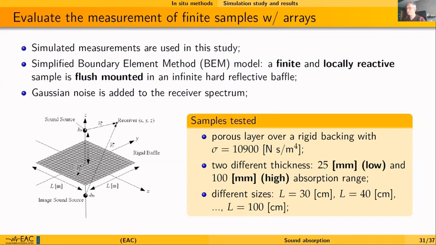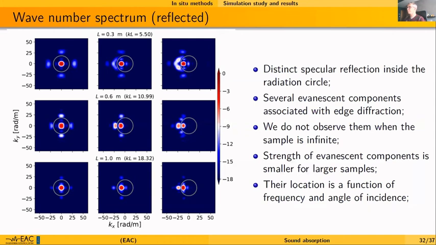What we see from the wave number spectrum is interesting, because when we compute it for finite absorbers, we observe these features in the evanescent spectrum, which we do not observe when we simulate infinite absorbers. So this is the first interesting thing: when we have a finite absorber, evanescent waves appear in the wave number spectrum.